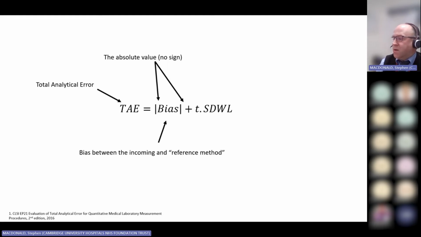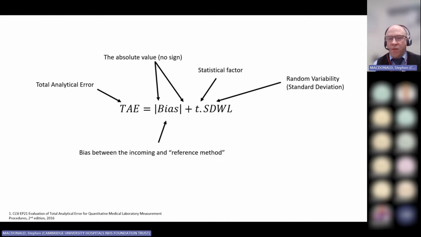We then add that to a statistical factor, which describes the probability distribution of the random error. So that may be 1.96 or 1.65. And then the measure of the standard deviation of the laboratory's performance within the laboratory, called the standard deviation within the laboratory. And from there, we can then determine what the analytical error within the measurement processes in the laboratory are quantifiably, and we can compare that against a limit, which would be the total allowable error or the total error allowable.